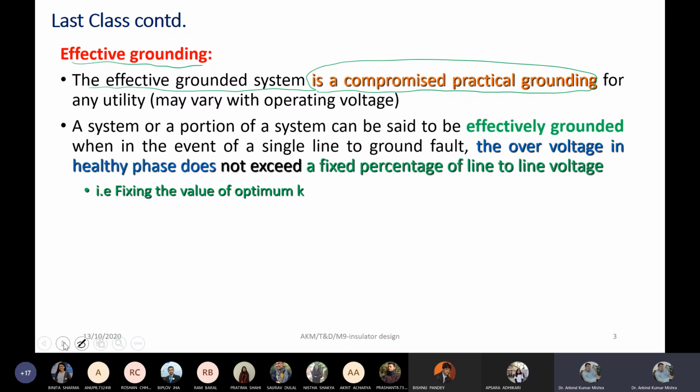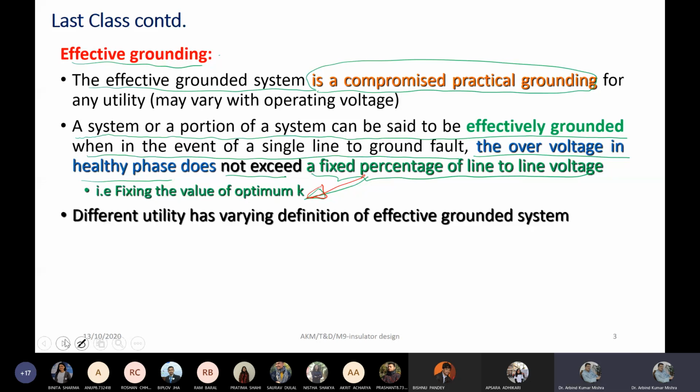A proper definition: a system or a portion of a system can be said to be effectively grounded when, in the event of a single line to ground fault, the overvoltage in the healthy phase does not exceed a fixed percent. Fixed percentage just means fixing the value of K. And as you know, if you choose a lower value of K, you need higher earthing costs.